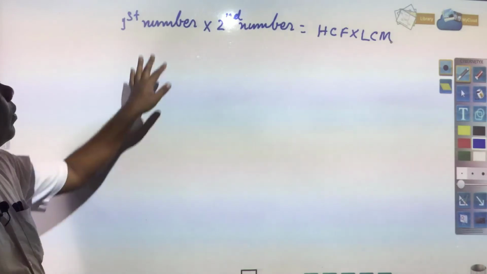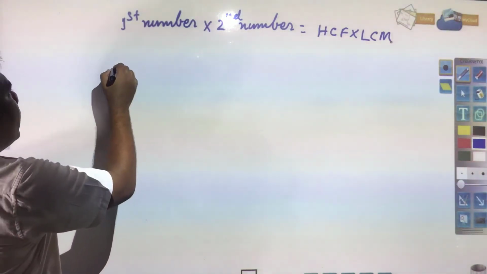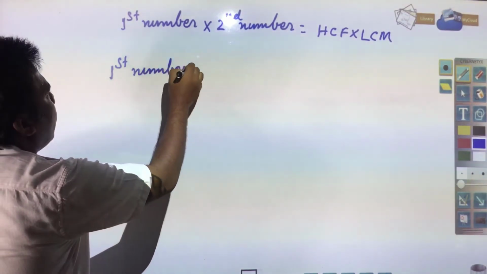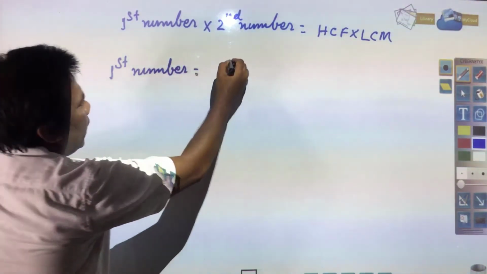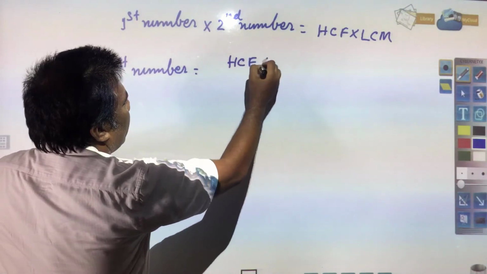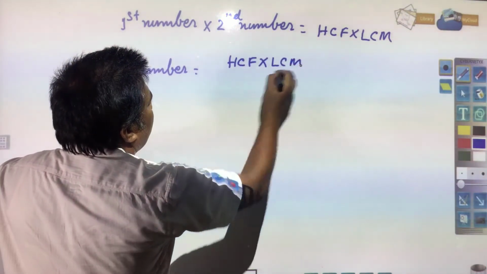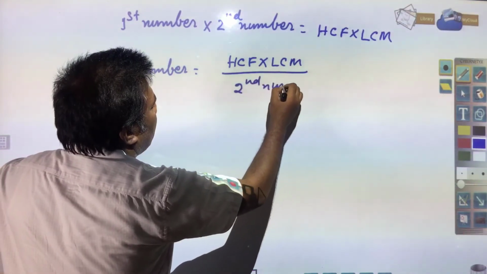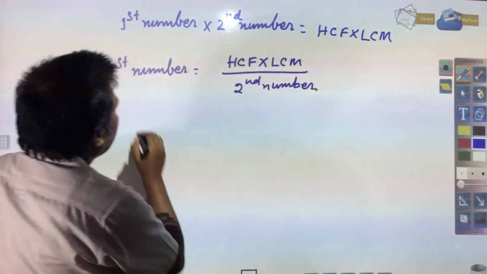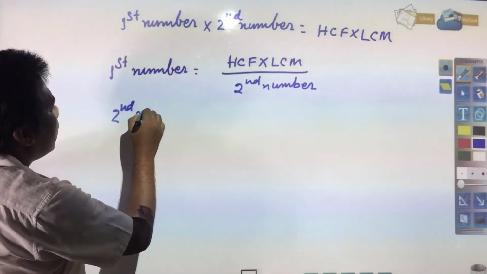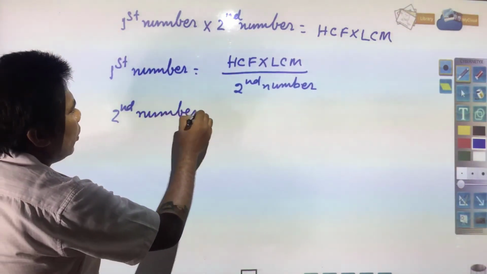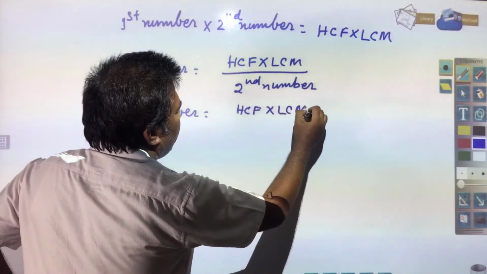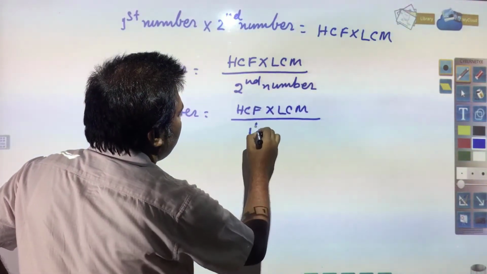Now, here you see, first number will be equal to HCF into LCM divided by second number. Second number will be equal to HCF into LCM divided by first number.